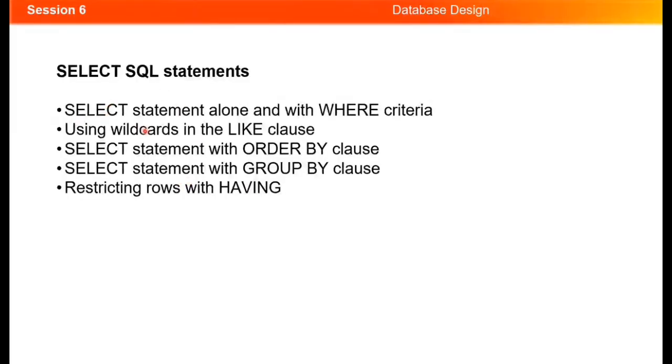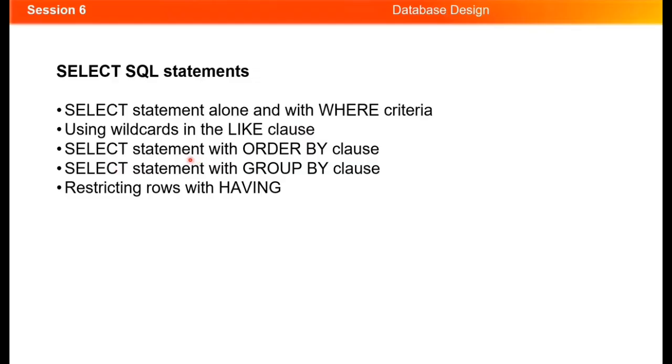So we can have a select statement alone, and we can also have it with a where clause where we pass in criteria. We can use wildcards, and we can use a like clause, which also limits a wildcard.